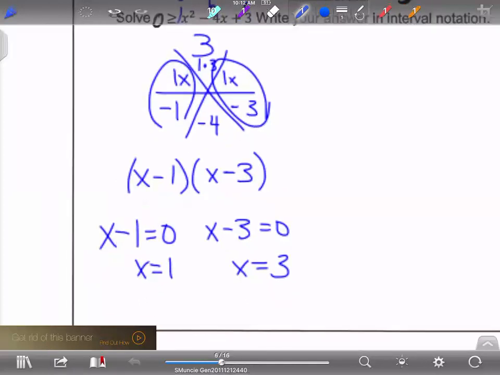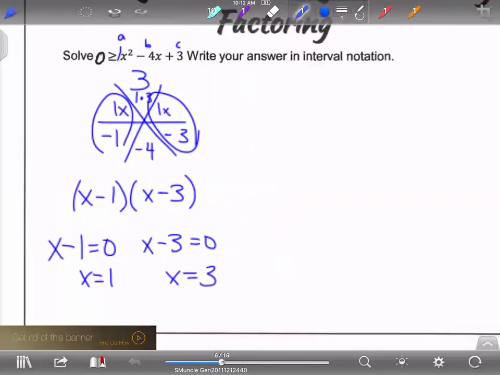All right, when you set both those equal to 0, you get x values of +1 and +3. Draw yourself a little number line.